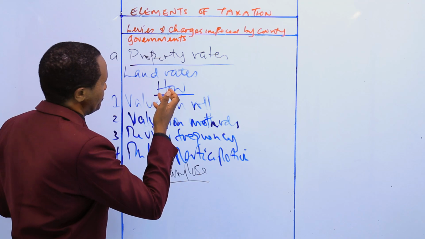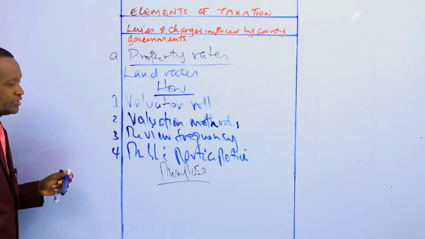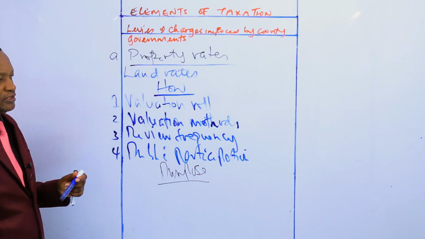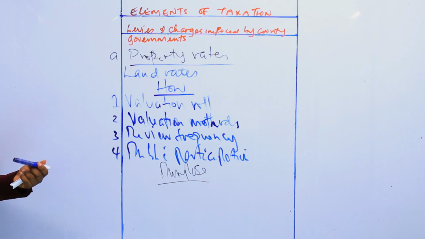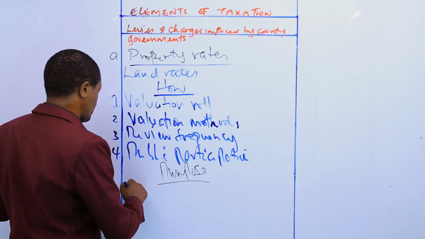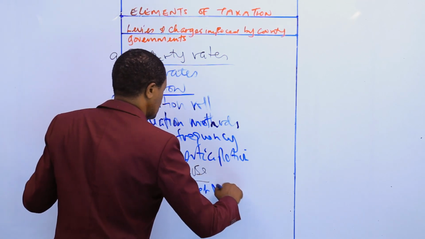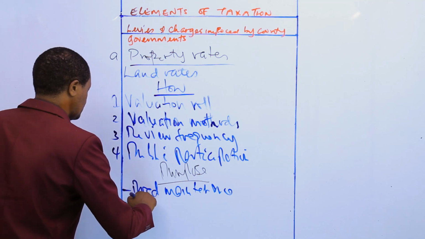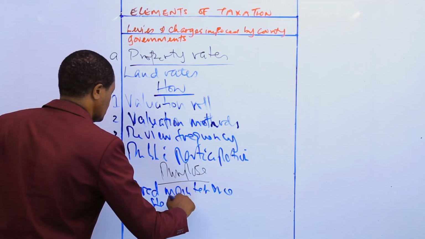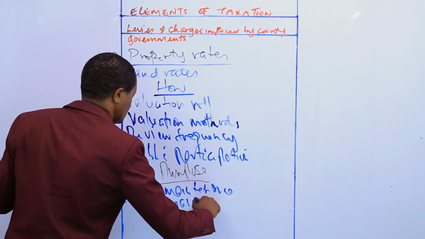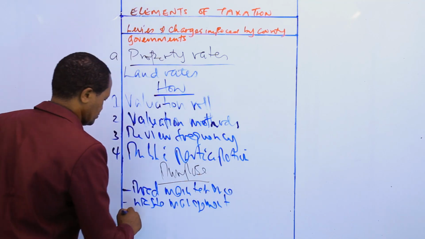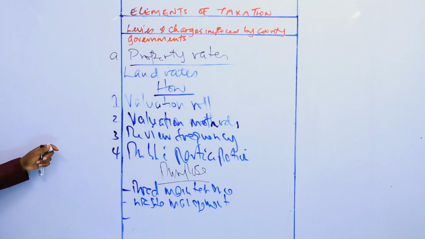So the money raised from property rates by counties is used for various local services like road maintenance, waste management. Then we've mentioned the infrastructure development.